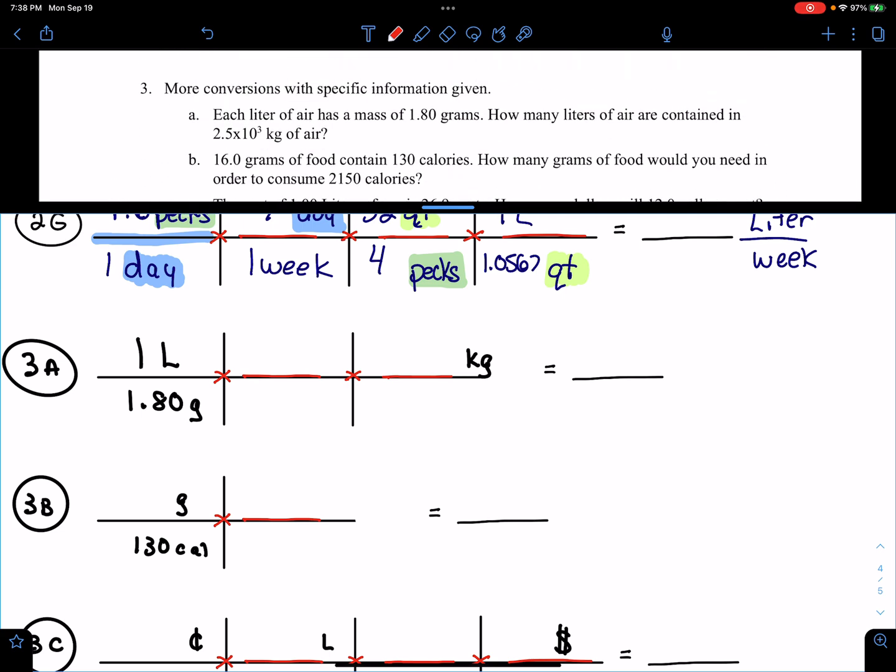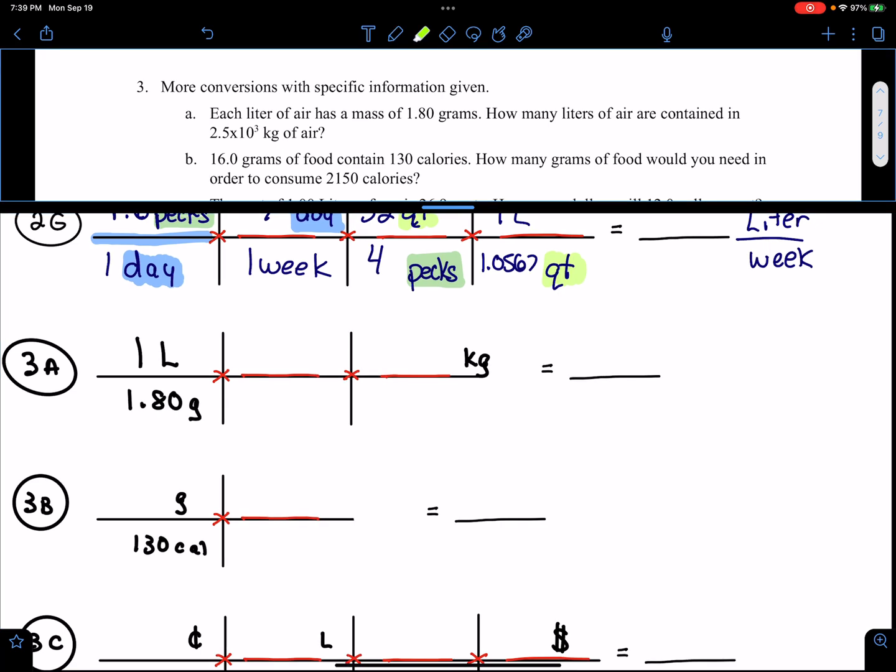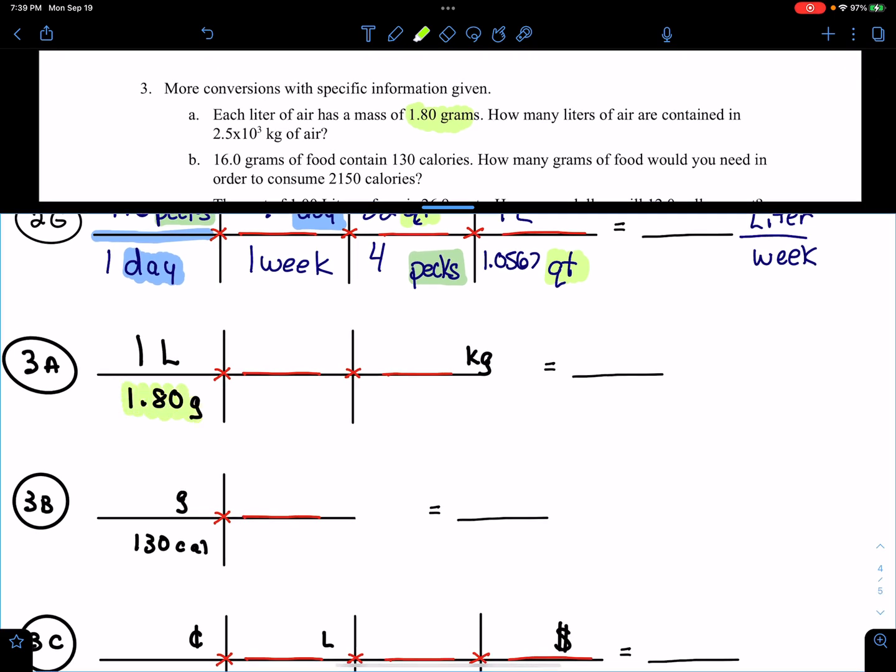Okay. So it says here, each liter of air has a mass of 1.8 grams. How many liters of air are contained in 2.5 times 10 to the third kilograms of air? Now, do you notice something? The numbers that I gave you, that 1.8 grams, I've got right down here at the bottom.